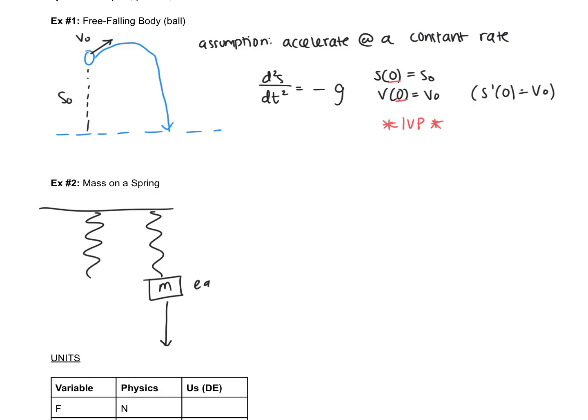So right here, we have the equilibrium position. And we want to look at how far that mass is being pulled down. So that is going to be described as x of t.